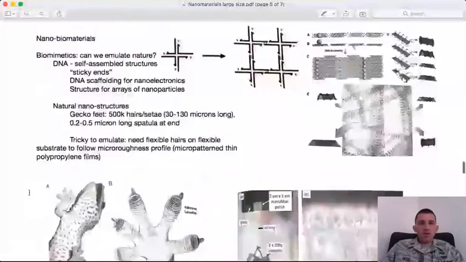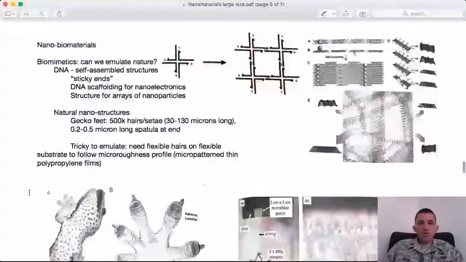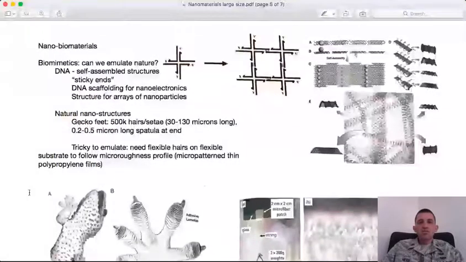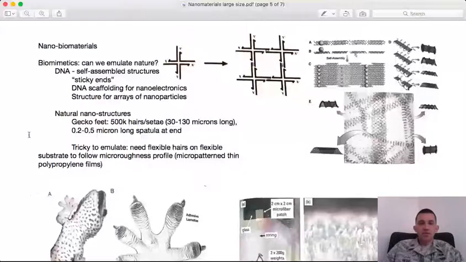Okay, on the bio-nanomaterials. There are nanometer structured materials that just exist, that are not man-made. DNA is probably the ultimate self-assembled structure, right? It's constantly replicating and refolding and very dynamic.